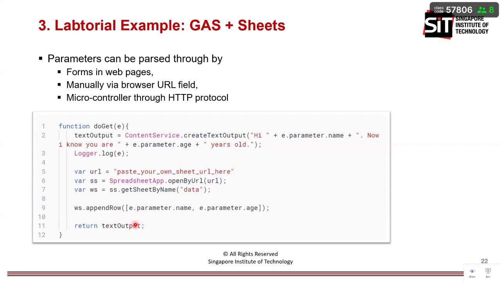So this is a simple 10-line code to capture data from your web client, analyze the input parameters, open your workbook, open your worksheet, and store these two input parameters within your worksheet. In this case, this marks the end of your web app. The automation is here: it extracts the input parameters and stores them into your worksheet, which is called data.